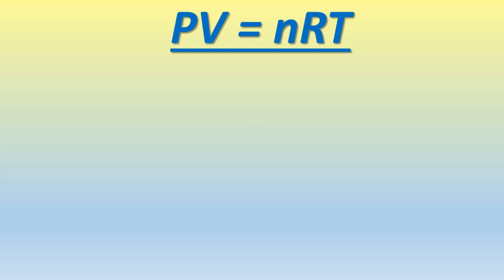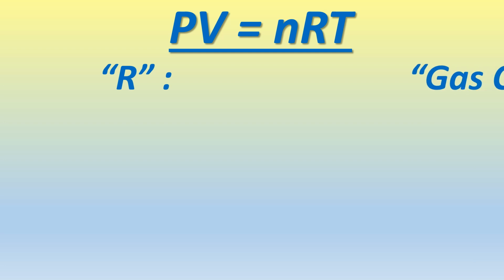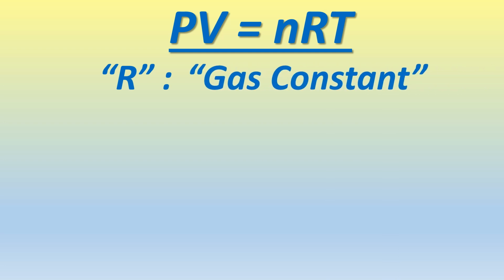This relationship can be turned into an equality by adding a constant. In this case, the constant added to get the equality is R: pressure times volume is equal to the number of moles times a constant, R, creatively called the gas constant, times temperature.